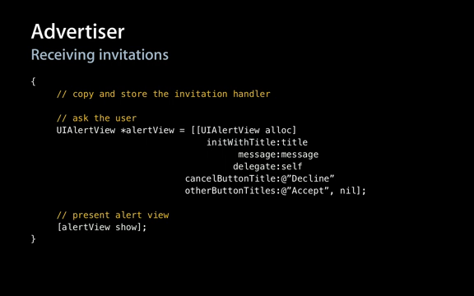First thing you'll want to do is copy and store the invitation handler, because you'll need it later when you find out from the user what they want to do. Then you have to instantiate a UIAlertView, and specify the title and message for the alert view. And you want to specify what kind of buttons you want on there. So let's assume they're decline and accept. Then you're ready to show the alert view.